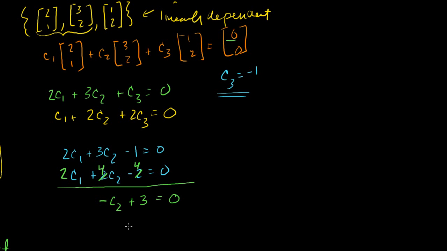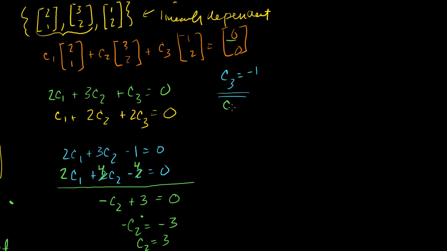Let me make sure I got that right. We have a -1 minus a -4. So +4. So we have a +3. Right. So minus c2 plus 3 is equal to 0, so minus c2 is equal to -3, or c2 is equal to 3.